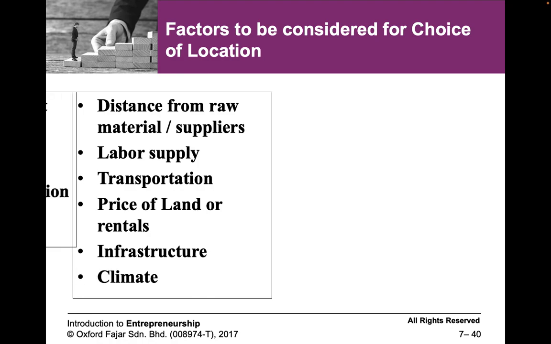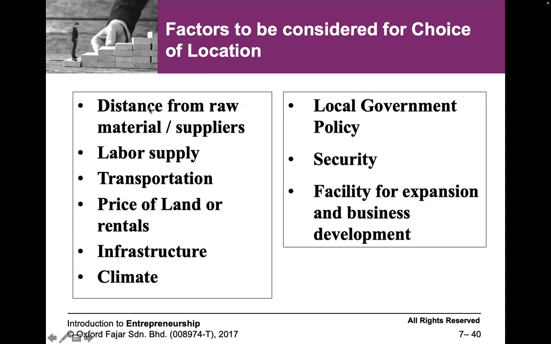So these are the factors. Distance from raw materials or supplier. For example, in the case of the manufacturer, if you can have the location nearby to the supplier, then it is good because you can save a lot of cost of transportation. And then in terms of labor supply, can the labor commute to the place?